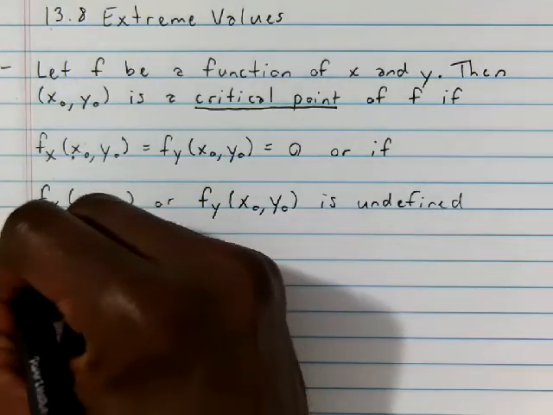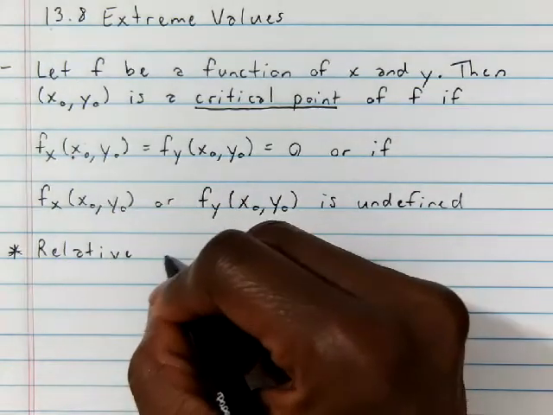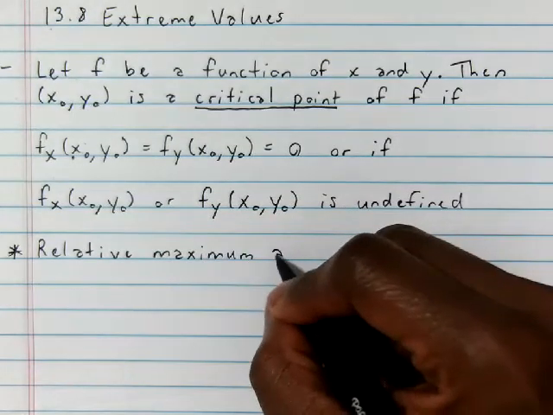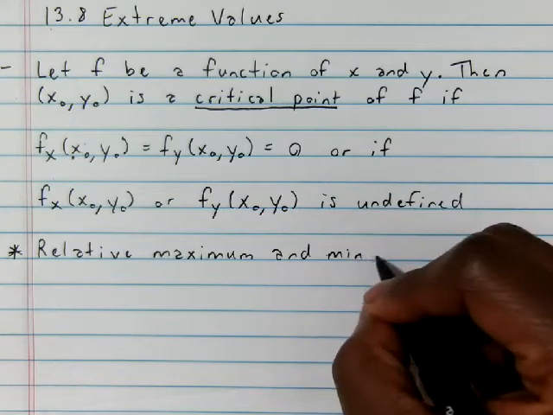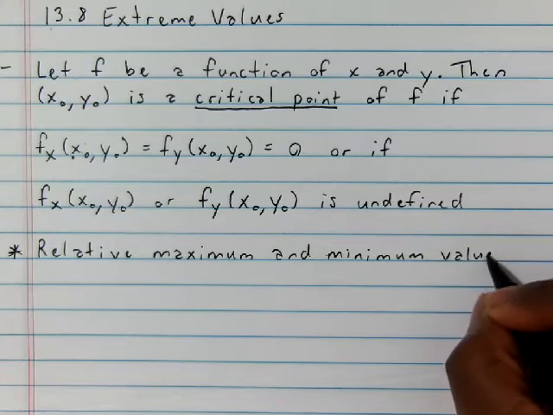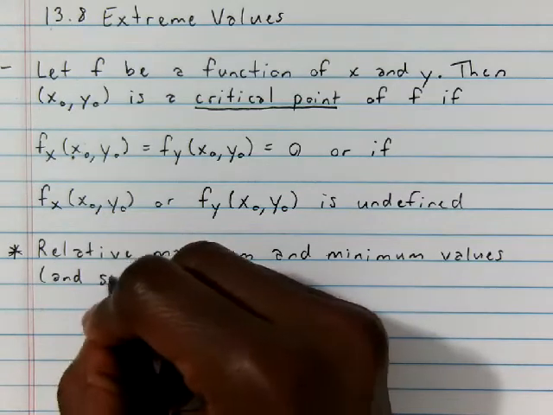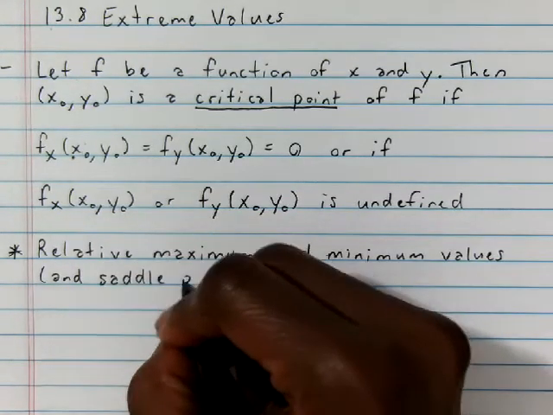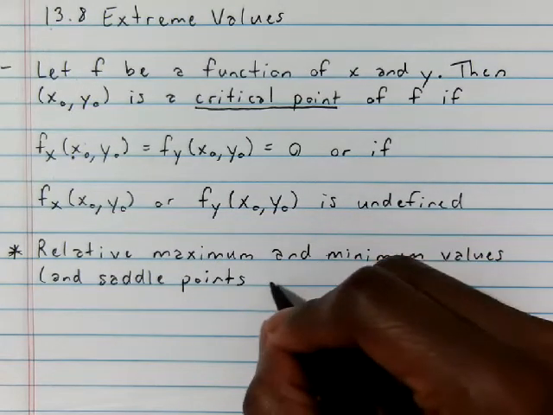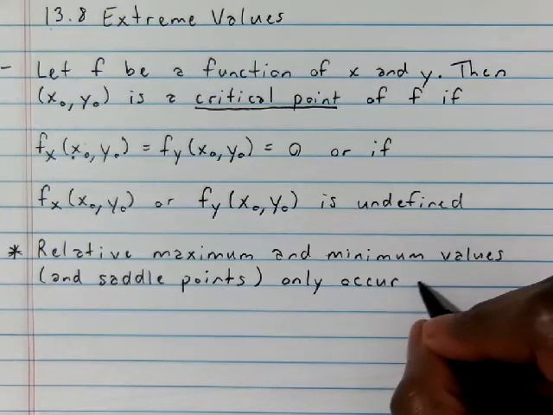So relative maximum and minimum values, and what are called saddle points, only occur at critical points.